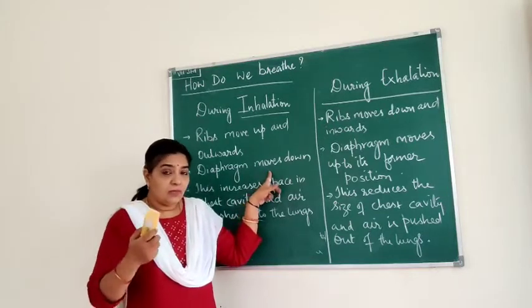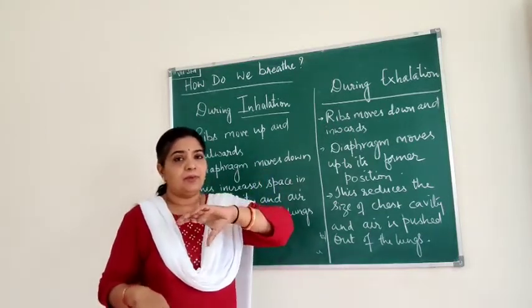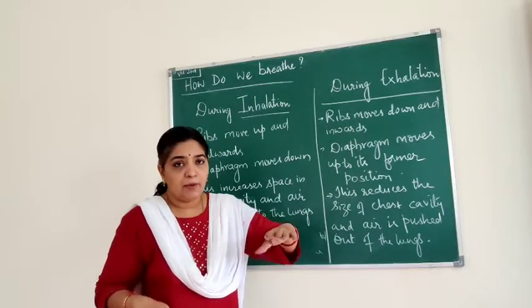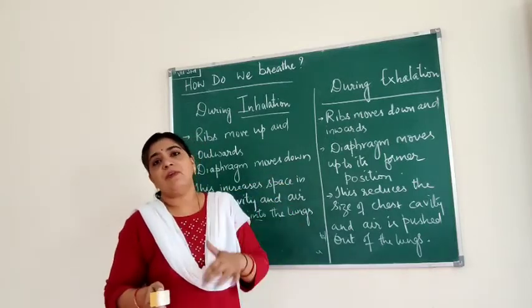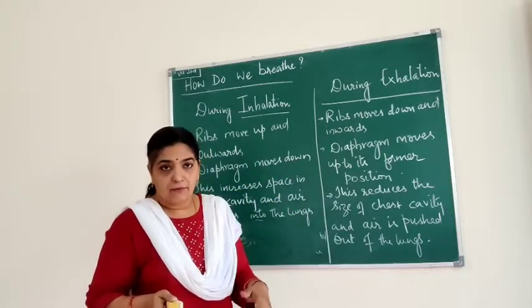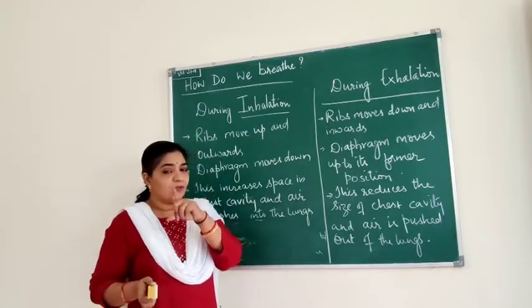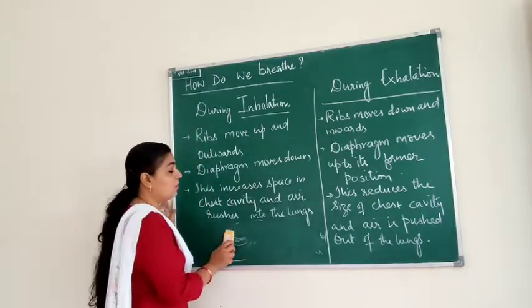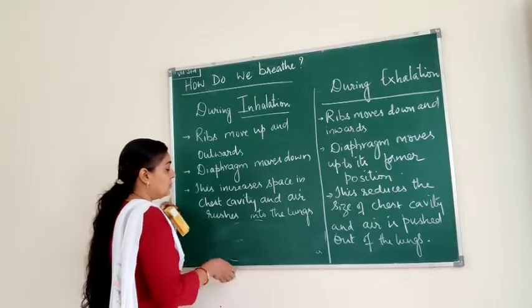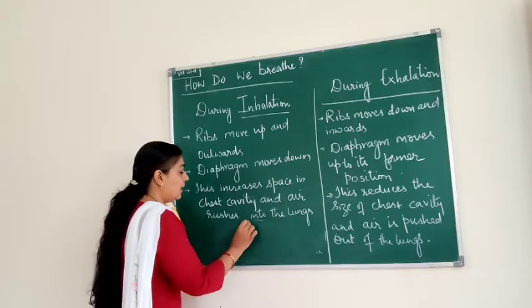Diaphragm. You learned what the diaphragm is. The diaphragm is the muscular sheath, the muscular membrane which separates our chest cavity from the abdominal cavity. Not only that, it will also help in respiration. I told you in the previous video. So this is our lungs.